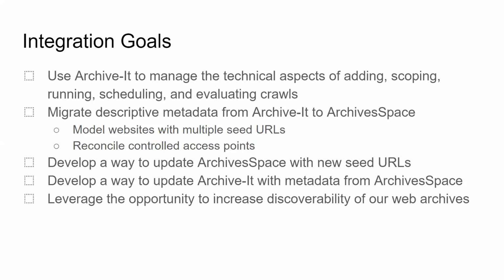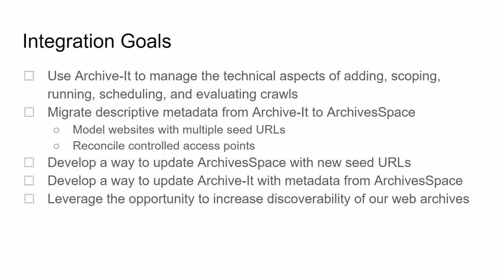We wanted to have a way to continue to update ArchiveSpace with new seed URLs from ArchiveIt, because we presumed we would continue to use ArchiveIt to add new seed URLs and wanted to be able to create description for that in ArchiveSpace.